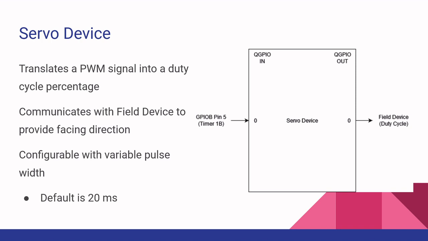And actually, it calculates the degree based on that duty cycle percentage. So 0% would be 0 degrees, and 100% would be 180 degrees. That angle is what it sends to the field device for handling later.